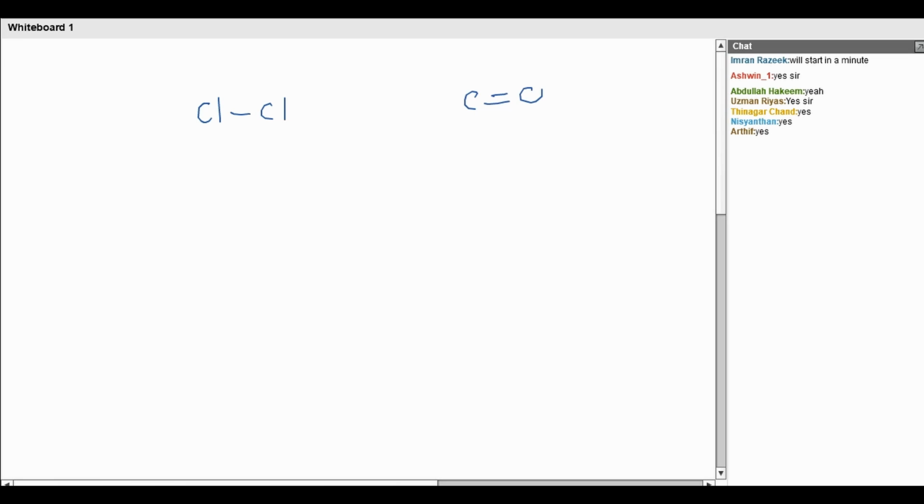Carbon dioxide. Lewis structures of simple molecules we already know, right? Nitrogen, triple bond. So a single bond is shown as a single line, double bond, double line, triple bond, triple line. So these are the Lewis structures of simple molecules.